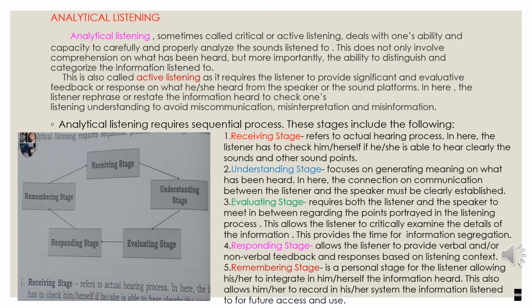This provides a time for information segregation. Number four, responding stage. This allows the listener to provide verbal and or nonverbal feedback and responses based on the listening context. And the last one is the remembering stage.